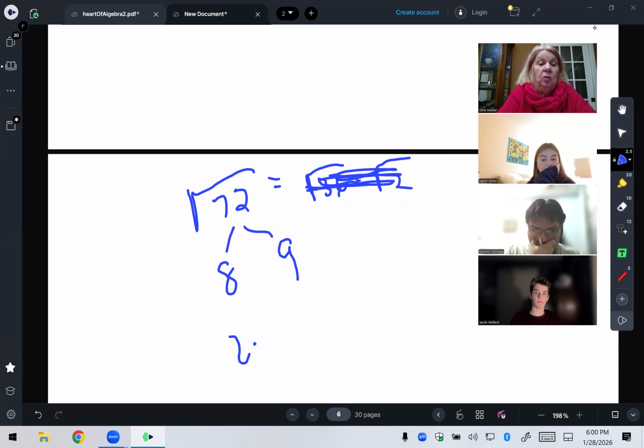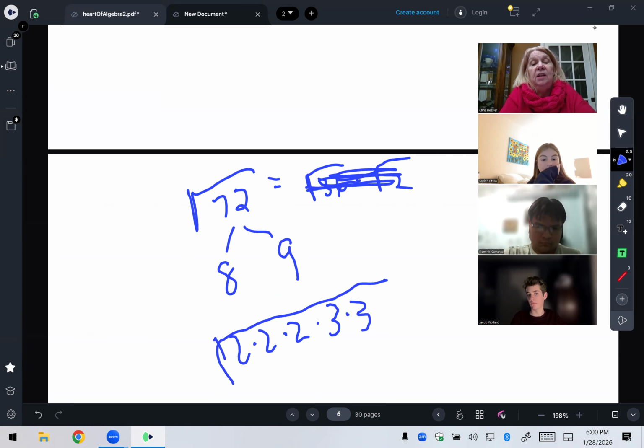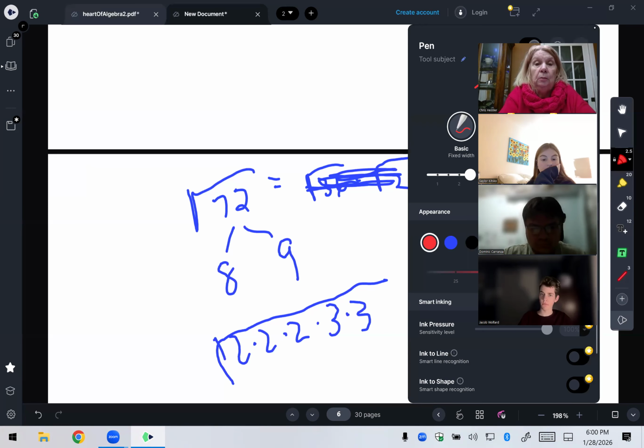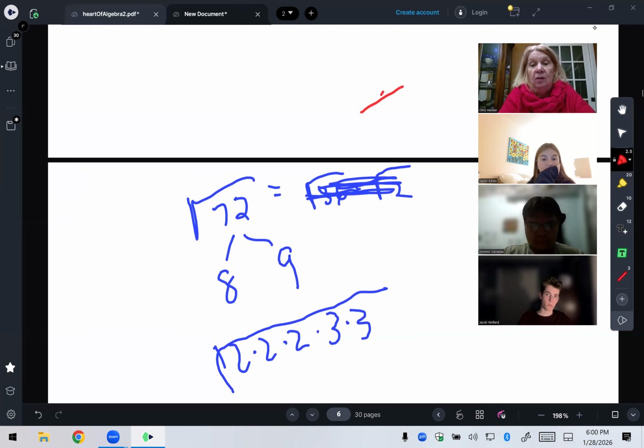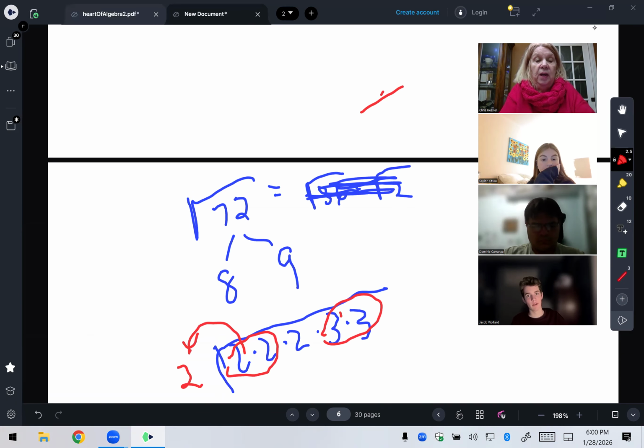So we have 2 times 2 times 2 times 3 times 3. Now I get out the bridal gown and I start making marriages. I know it's very corny, but I can make a marriage of twos and they come out as one, a marriage of threes and they come out as one.